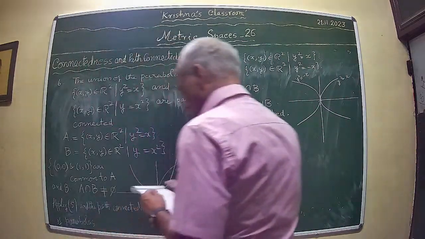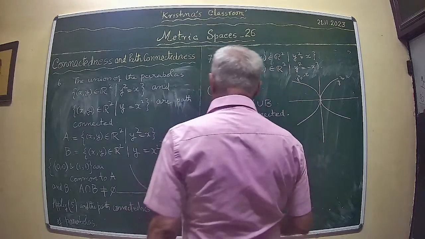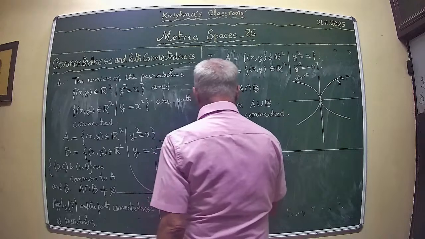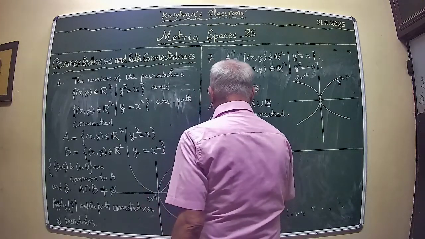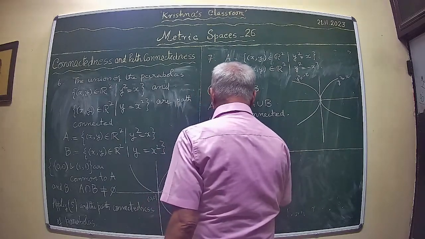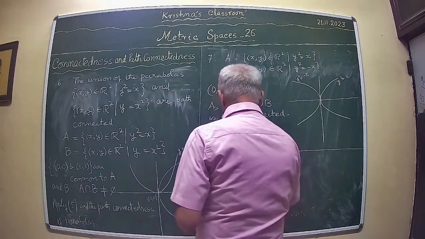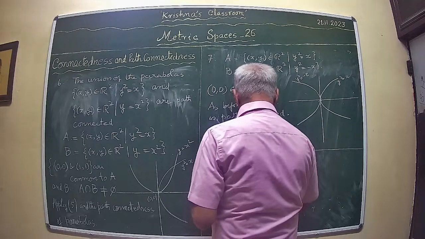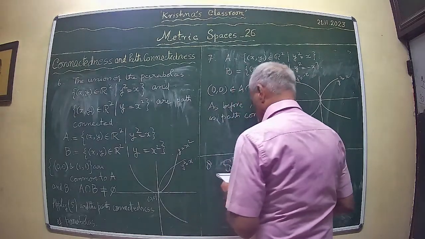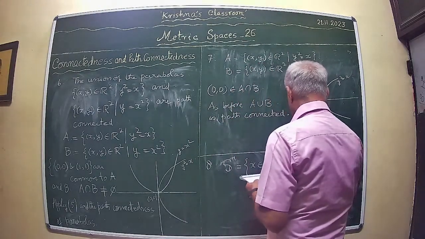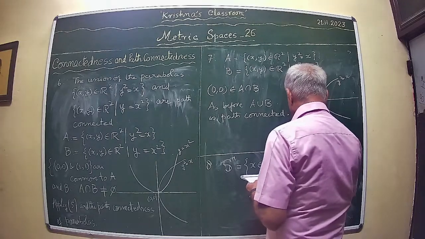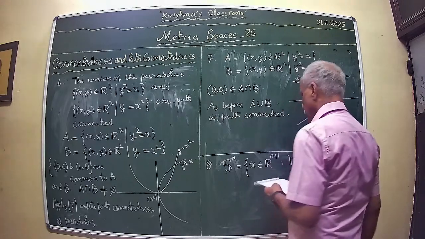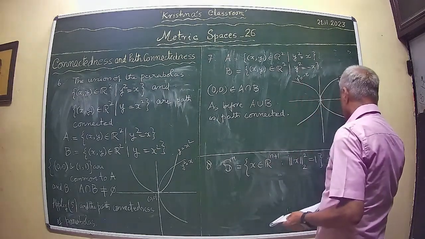Let us look at this one. Sn is equal to the set of x belonging to R n plus 1 such that the norm of x is 1.